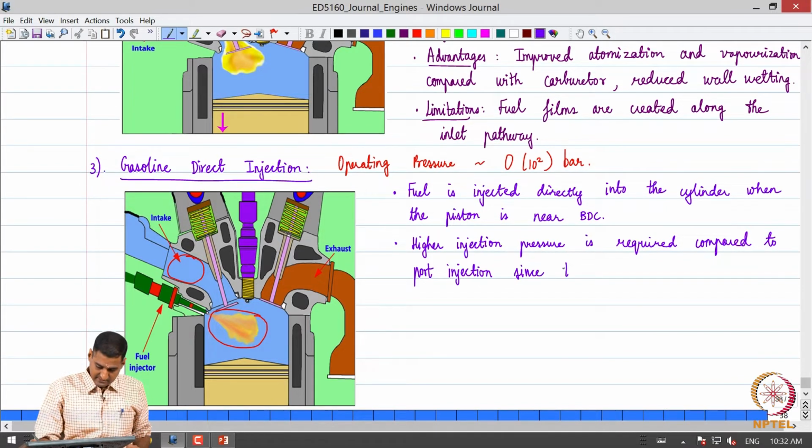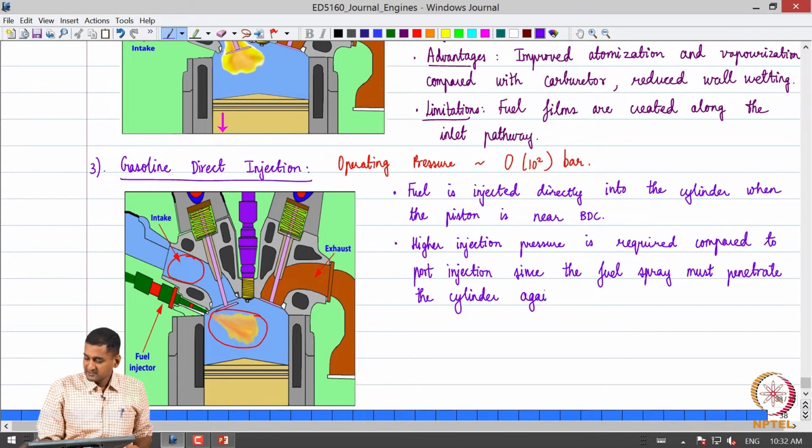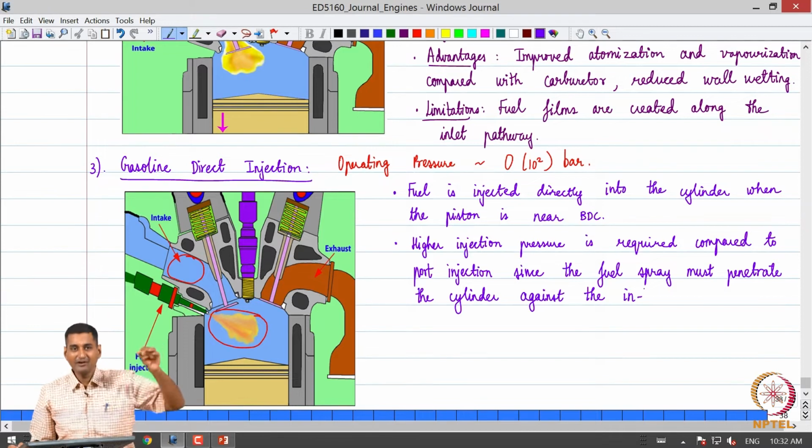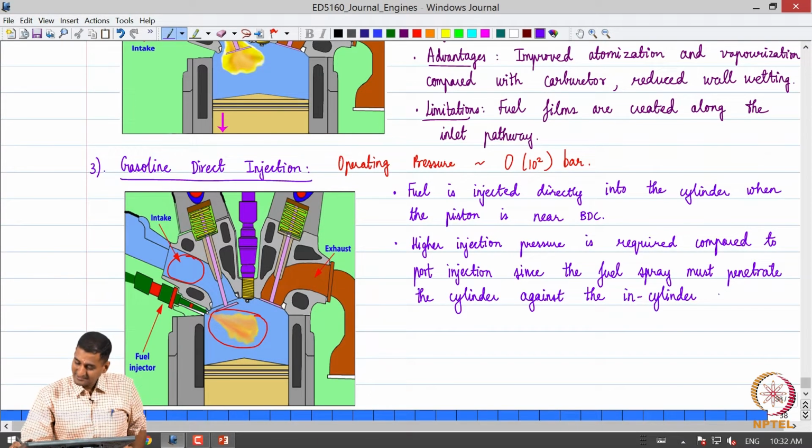Since the fuel spray must penetrate the cylinder against the in-cylinder pressure. Previously, when we were introducing fuel at the port, there was already air flowing through the port that essentially took the fuel away, in a certain sense. Here we need to spray against the in-cylinder pressure and go directly into the cylinder.